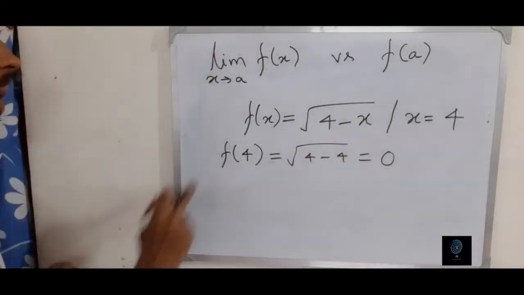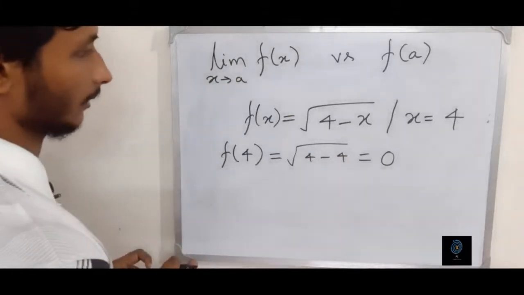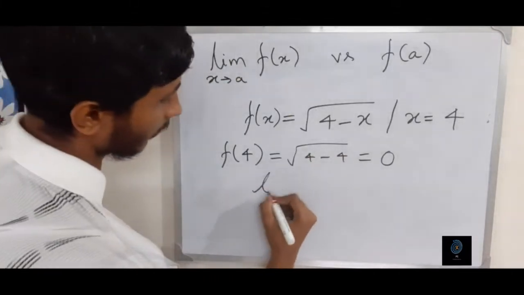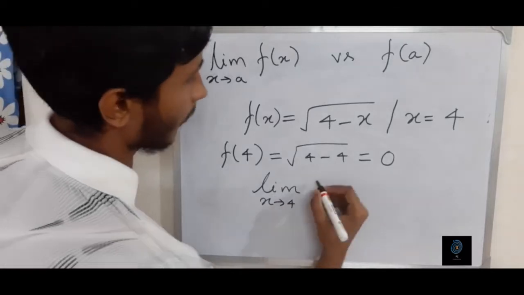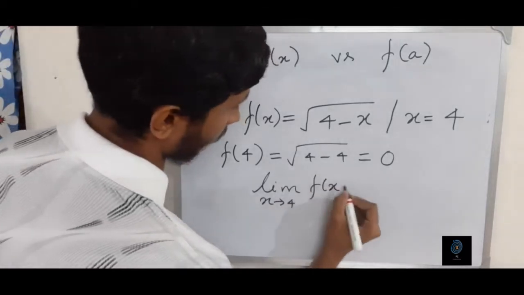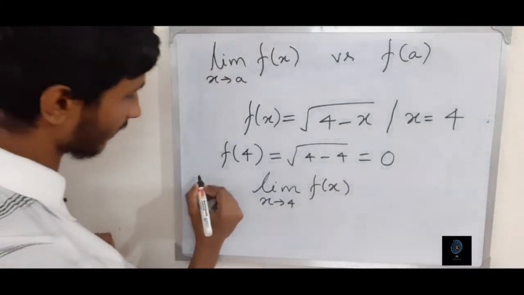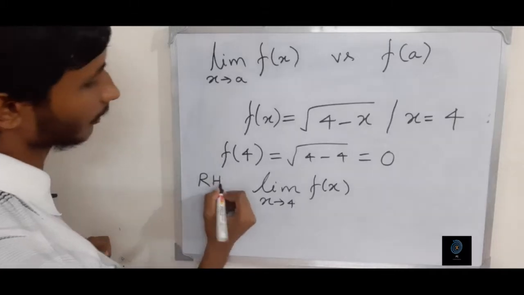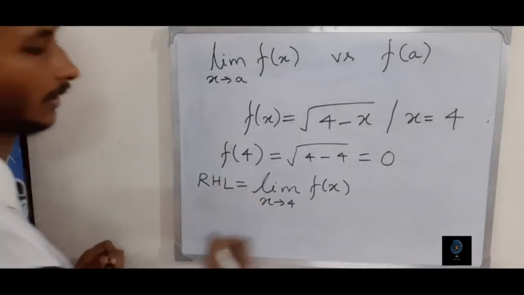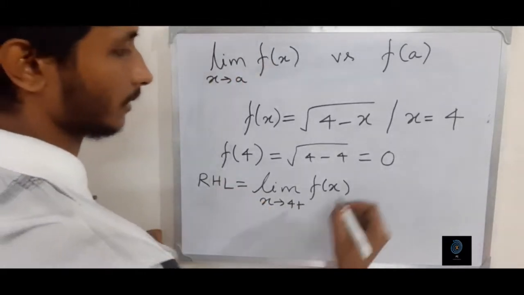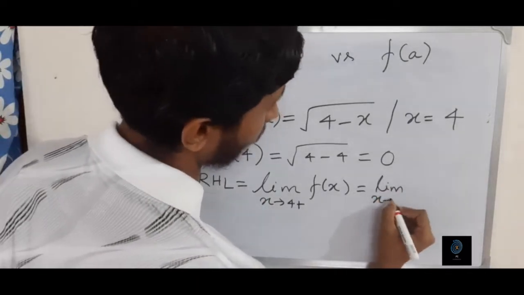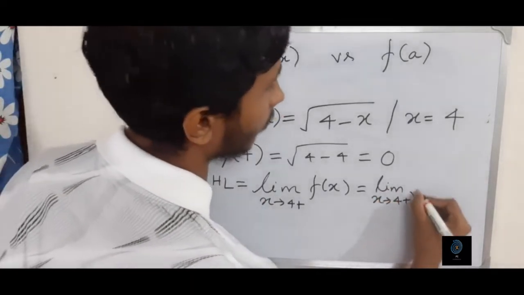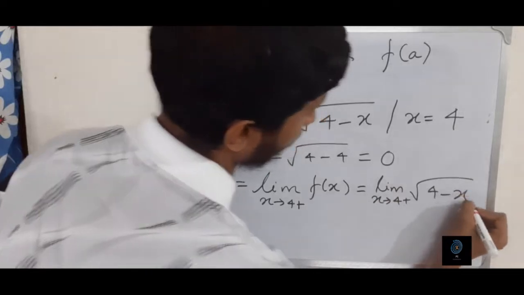Now we try to compute this limit, that is limit x tends to 4 f(x). So we check whether the limit exists or not. That is, we first try to compute the right hand limit. What is this? Limit x tends to 4 plus f(x) is what? f(x) is root over 4 minus x.